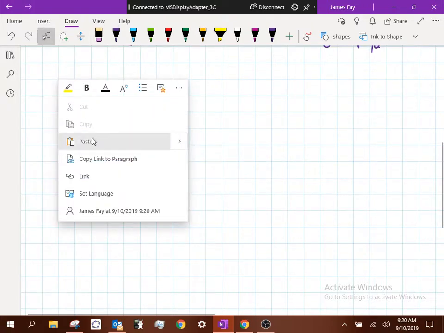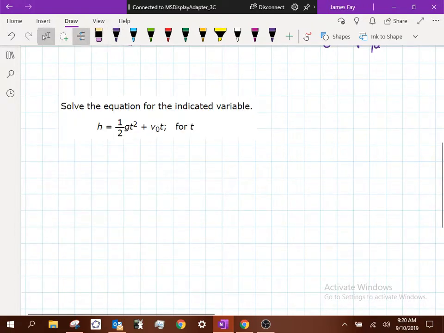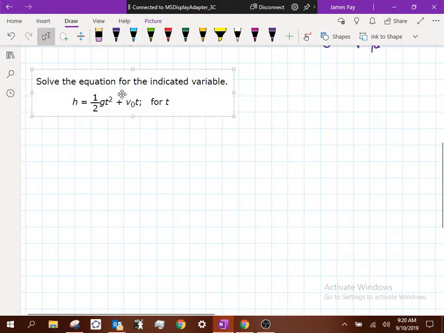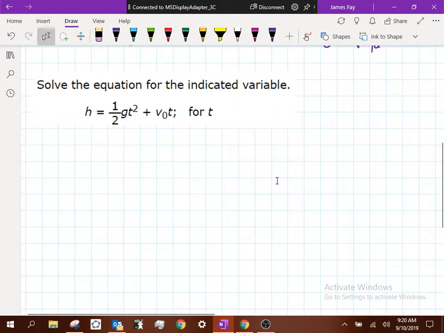So let's go ahead and do this. We'll paste it in here. All right, so it says solve the equation for the indicated variable t. Here's where I think a lot of people have been going kind of awry with this one. And there's one where we're talking about the surface area of a cylinder as well.